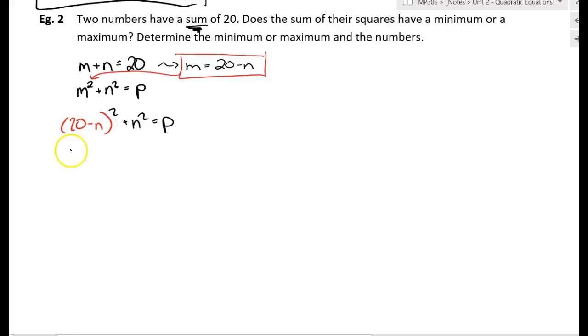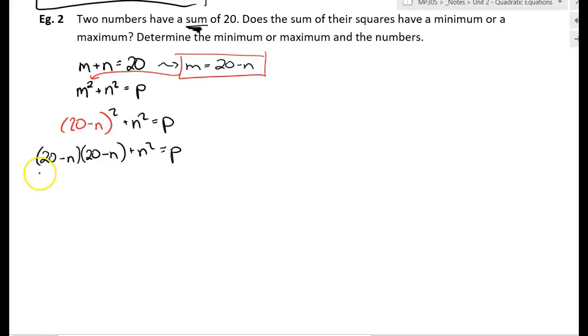From here, again, I'm going to be squaring. Now, remember, when you square a binomial, the definition of squaring is that it's multiplied by itself, which means it's actually 20 minus n times 20 minus n plus n squared.